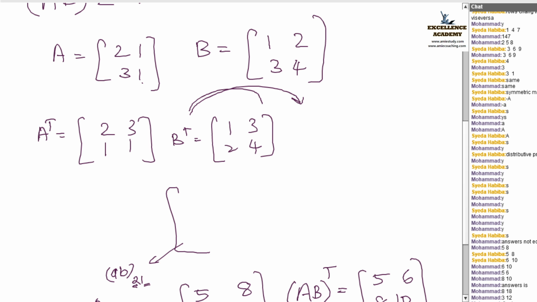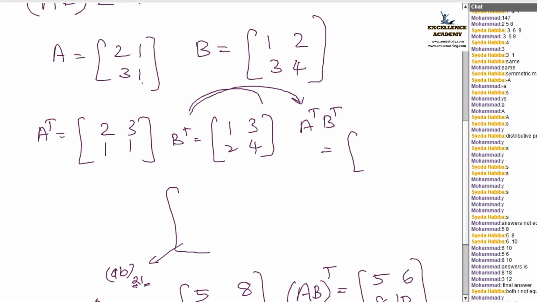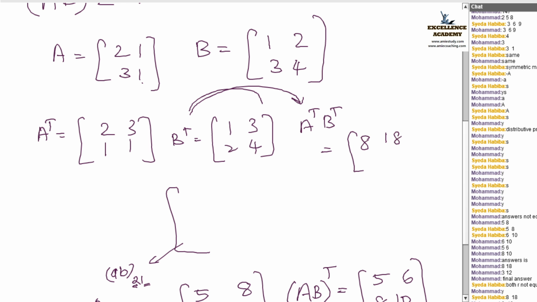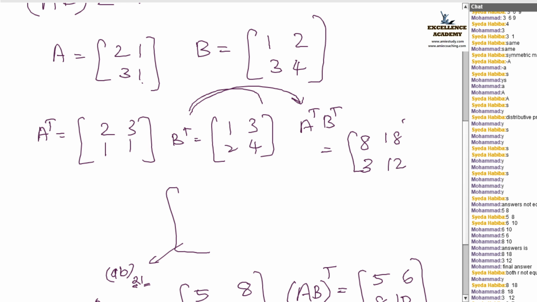Yes, have you done it? Both of you, have you done it? A transpose into B transpose. Yes, what are you getting it as? 8, 18, 3, 12.